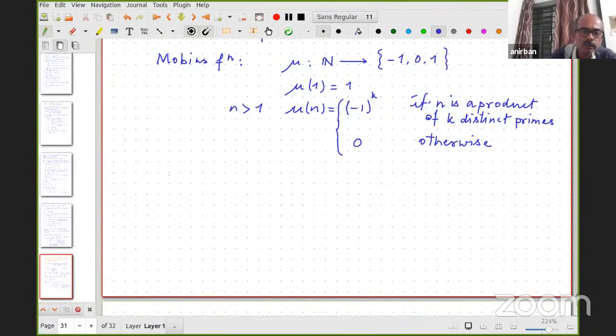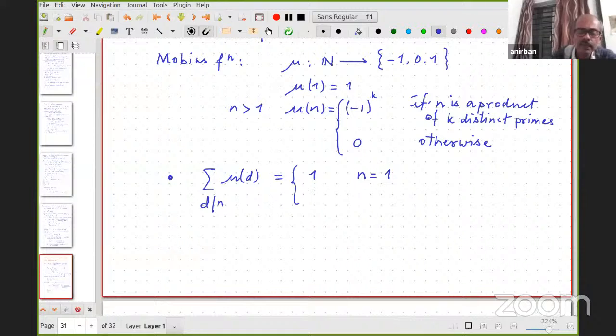And it has an important property. If you sum mu over all the divisors of some natural number n, then what you get is 0, except if n is 1: then of course you have only one divisor, namely 1, and mu of 1 is 1, so you get 1 if n is 1.